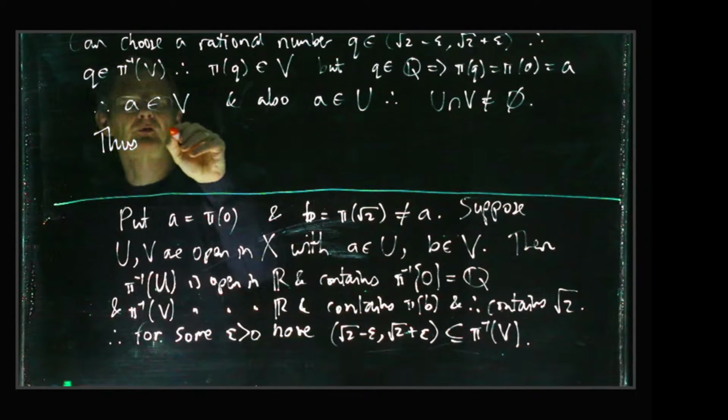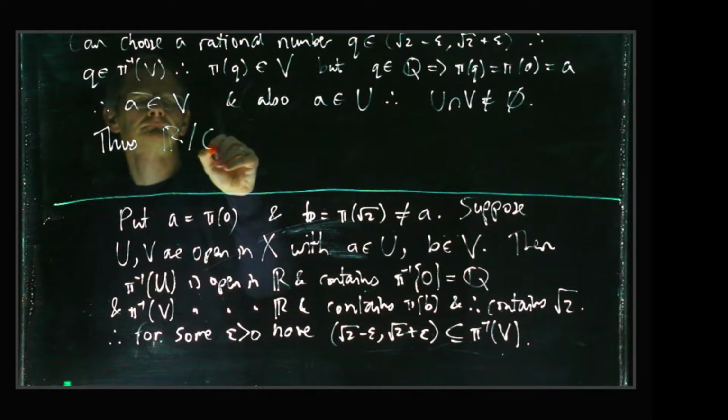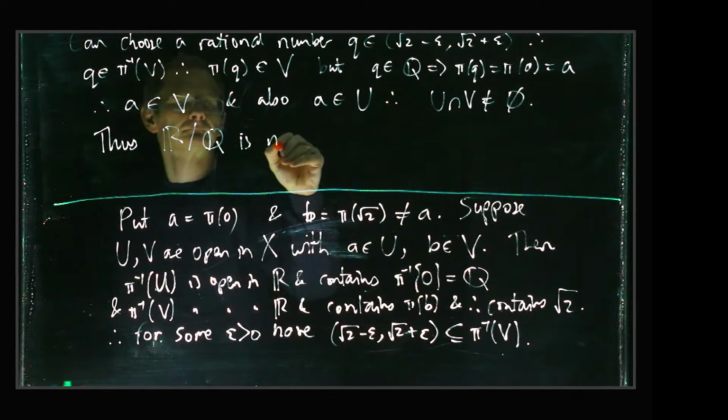So that proves that R mod Q is not Hausdorff.